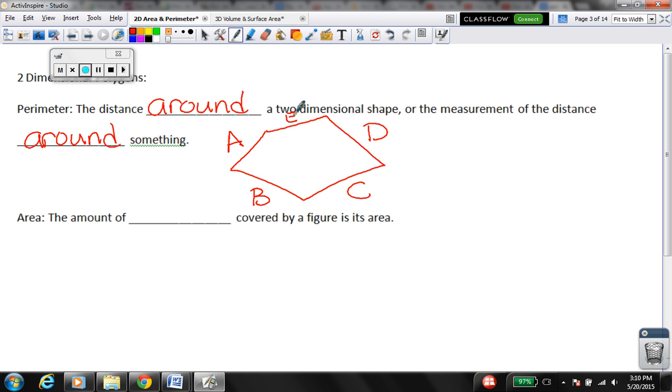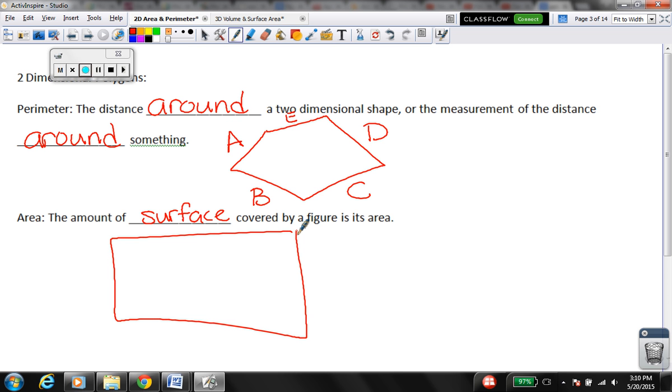Now, the area is a little bit different. It's the amount of surface covered by a figure is its area. So if I have some type of polygon, close enough to a polygon, the surface inside is the area, this whole amount inside.